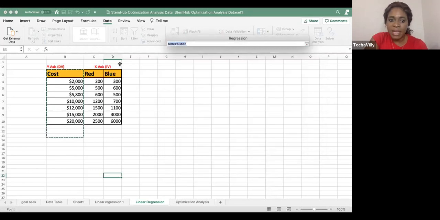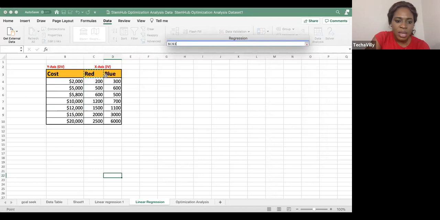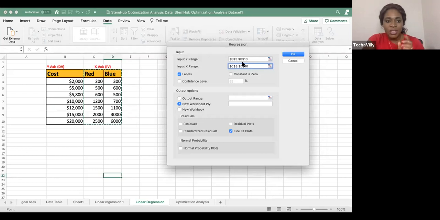So the independent variable. Why is it picking 13? It should be 10. Okay, yeah. The independent variable is the red and the blue together, so we have more than one. For the y-axis it's picking only the cost, and then the x-axis is going to be the red and the blue, which are the independent variables.